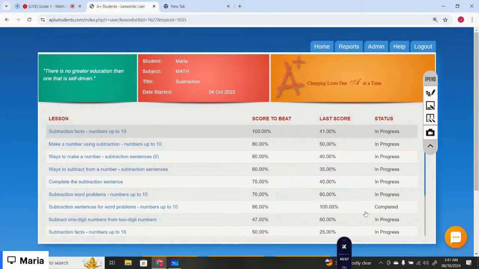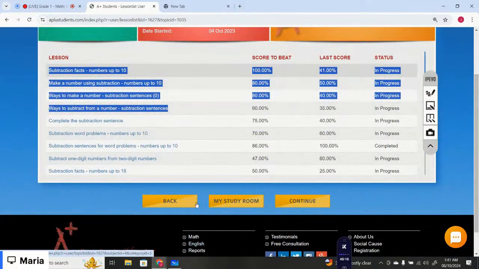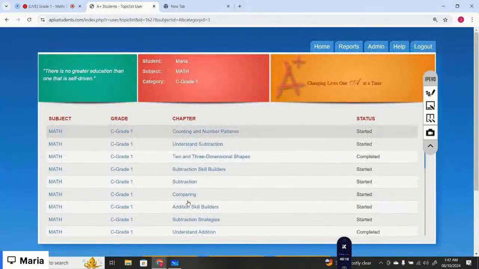The lessons we have covered today are subtraction fact, numbers up to 10, make a number using subtraction, numbers up to 10, ways to make a number subtraction sentences, and ways to subtract from a number subtraction sentences. So please make sure before the next session you can complete all the practice questions for the lessons we just did. That is your homework until next session.